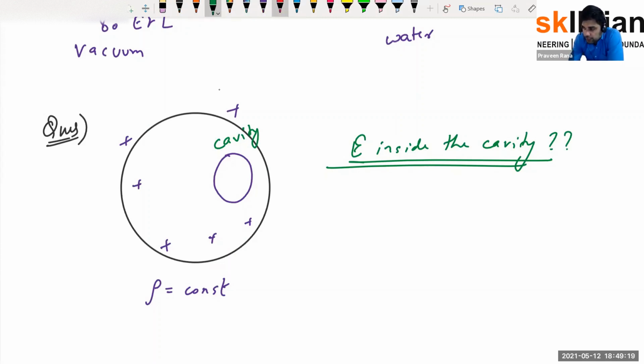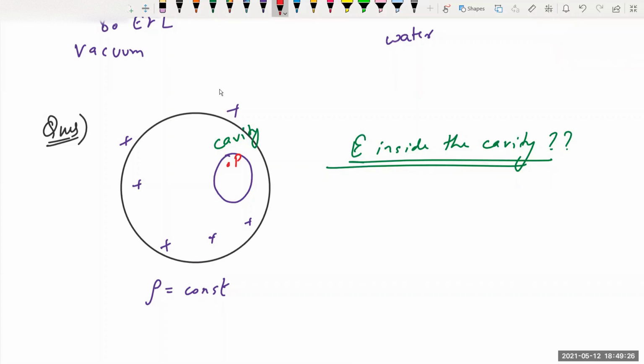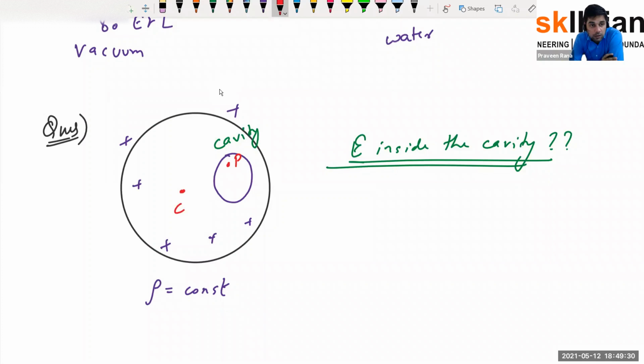The answer is right. Let's say you have chosen a point P that can be anywhere inside this cavity. This is the center of the sphere, and this is the center C dash of the cavity.